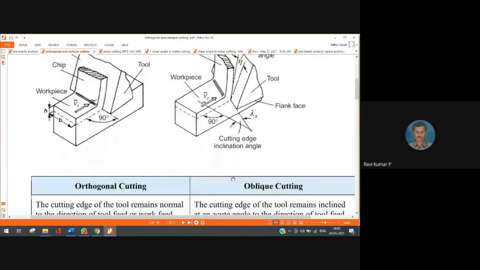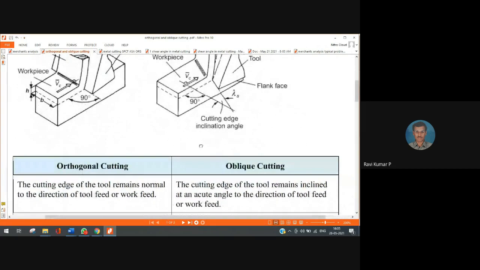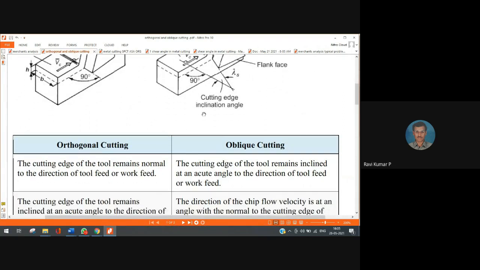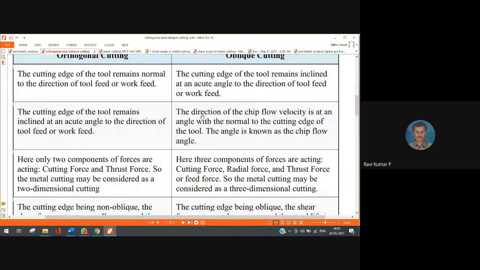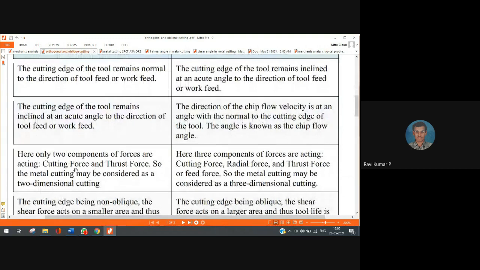So what is the implication of this inclination angle? In this case the inclination angle is 0. Here it is some finite value, non-zero value. You can look. The first implication is the cutting forces. You can have only cutting force and thrust force in case of orthogonal cutting.